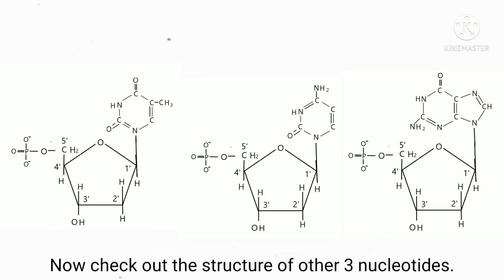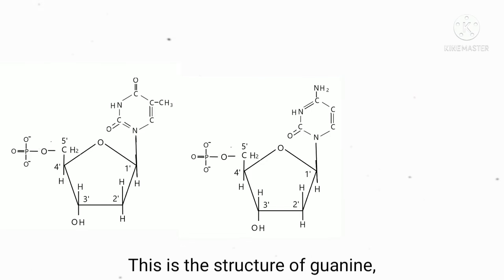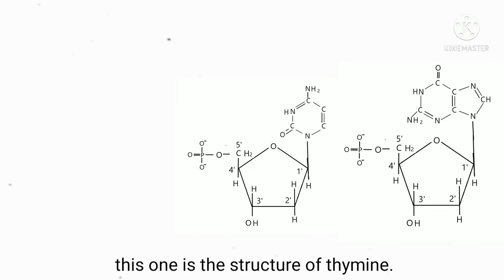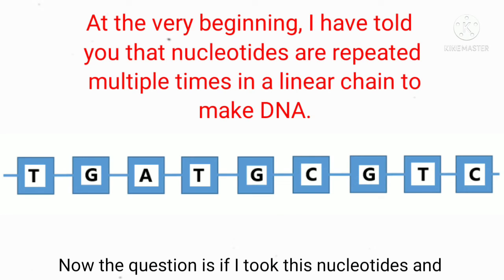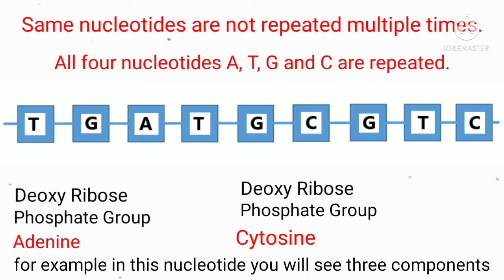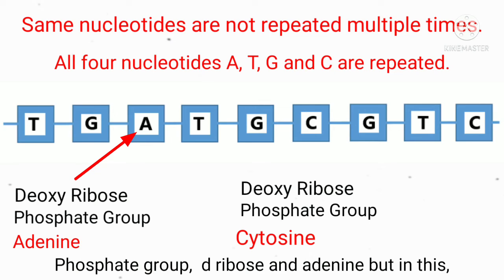Now check out the structure of the other 3 nucleotides. This is the structure of guanine, this is the structure of cytosine, and this one is the structure of thymine. Now the question is, if I took these nucleotides and this one, are they the same? The answer is no. For example, in this nucleotide, you will see 3 components: phosphate group, D-ribose, and adenine.